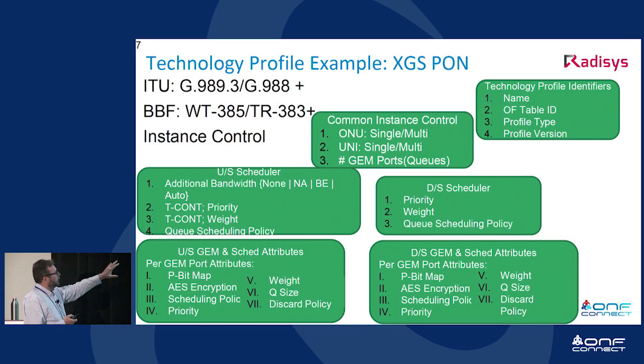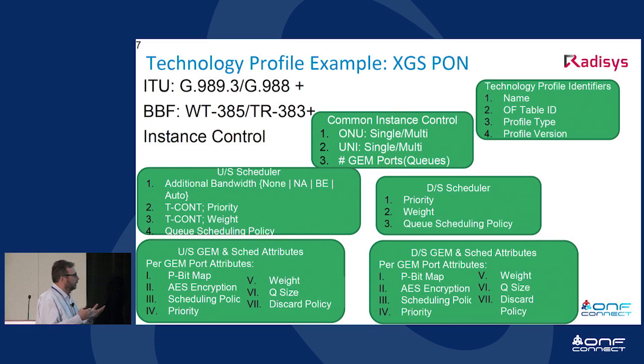The other parts of the technology profile define an upstream scheduler and a downstream scheduler. Obviously, in the case of PON, the upstream scheduler is related to the TCON scheduling, and there are some specifics around DBA that are applied here. So instead of scheduling based on bandwidth and the type of service, I can define it as a priority and weight type scheduling, or I can override a field in the upstream scheduler for the additional bandwidth.